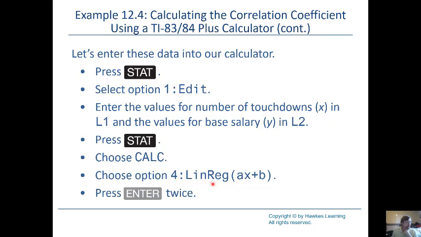So, okay, it's using the linear regression, which is 12.2 when we talk about linear regression. And so we're telling it we're doing a linear regression. There's the ax plus b. Was used to seeing it in algebra as mx plus b. Slope, intercept. Press enter a couple of times.